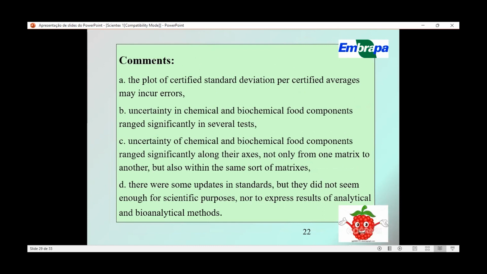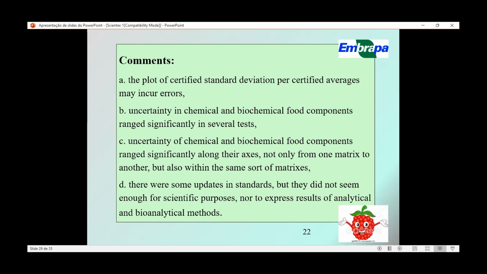So we conclude that the plot of certified standard deviation per certified average may incur errors. Uncertainty in chemical and biochemical food components ranged significantly in several tests. Uncertainty of chemical and biochemical food components ranged significantly along their axis, and not only from one matrix to another, but also within the same sort of matrices.